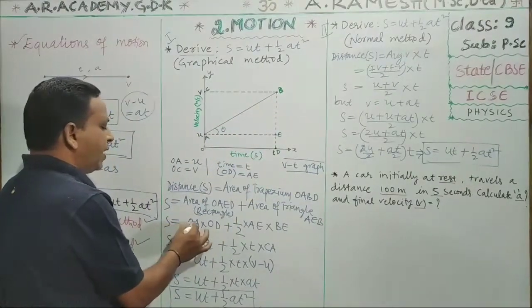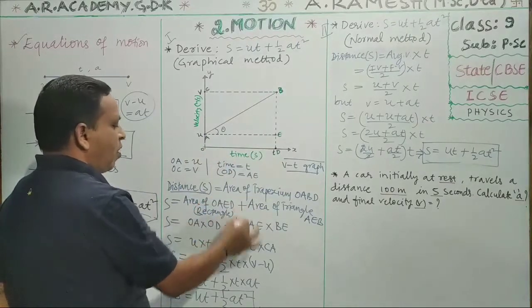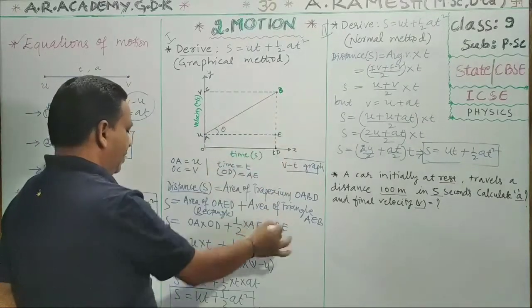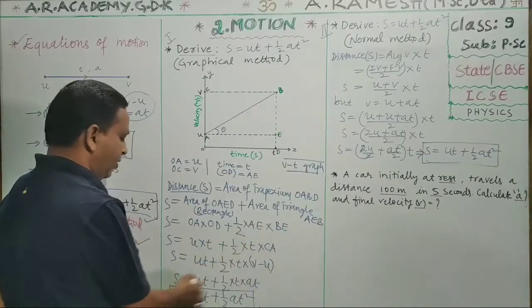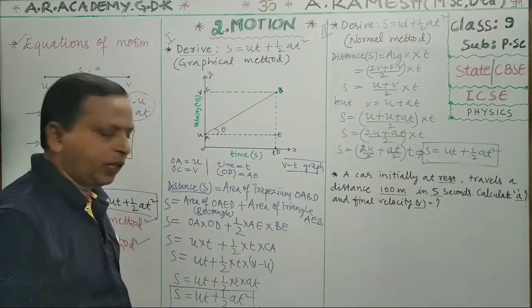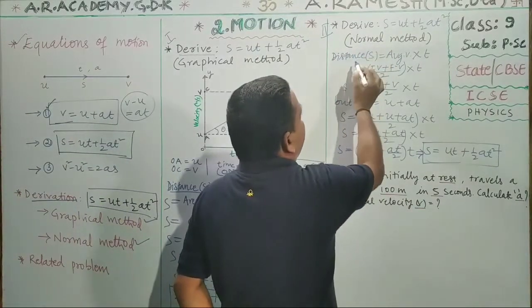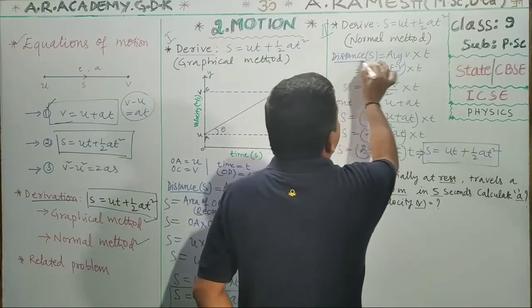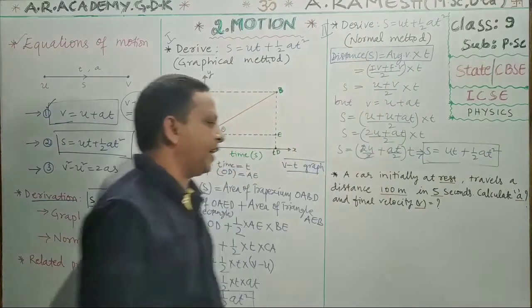That is S equal OA into OD plus half of AE into BE. Then we substituted the OA, OD values and AE, BE values, and finally we got S equal to ut plus half at square. In the second method, we used the formula distance S equal average velocity into time.